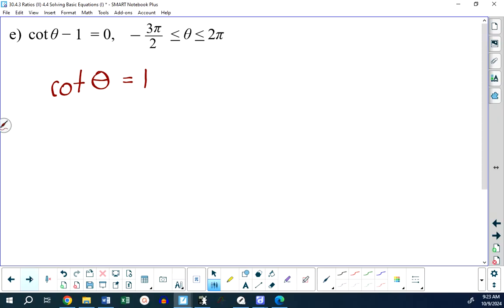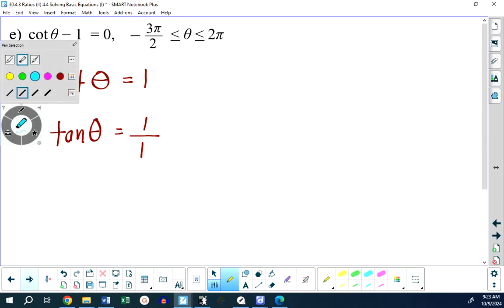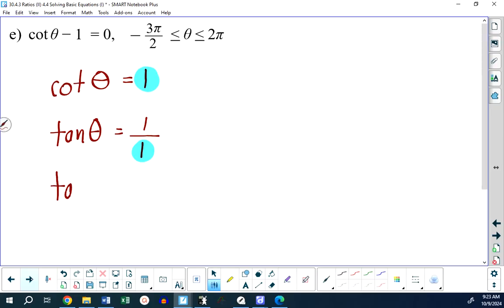Then, since it's cotangent, we can say tangent is the reciprocal of cotangent. If this is cotangent, tangent is the reciprocal of that, which is still going to be 1. Okay? So we have tan of theta equals 1. Okay.